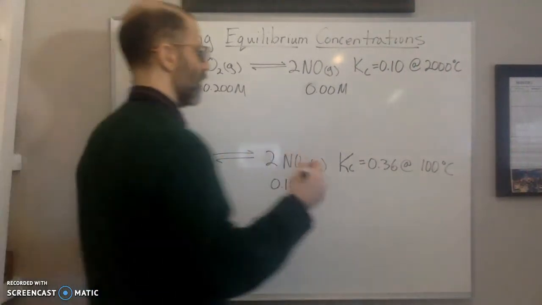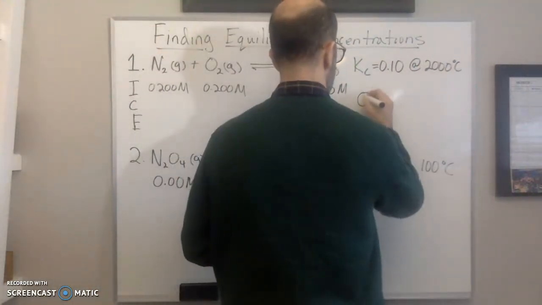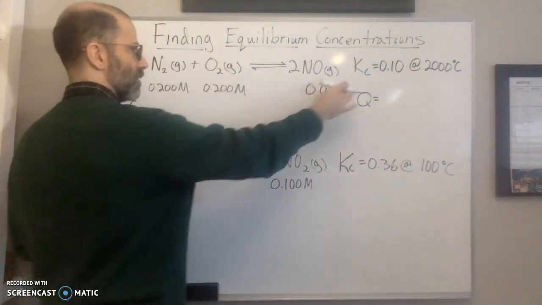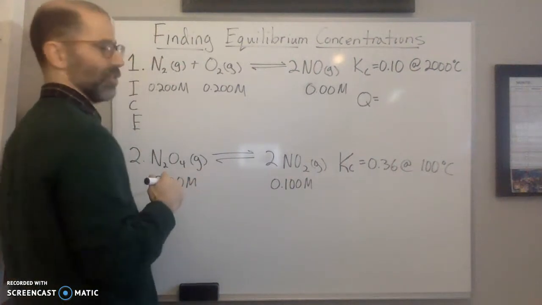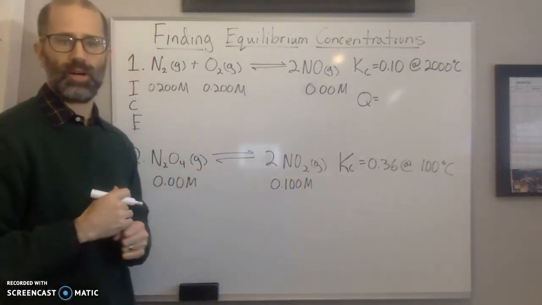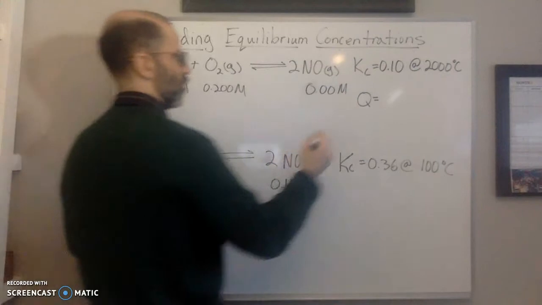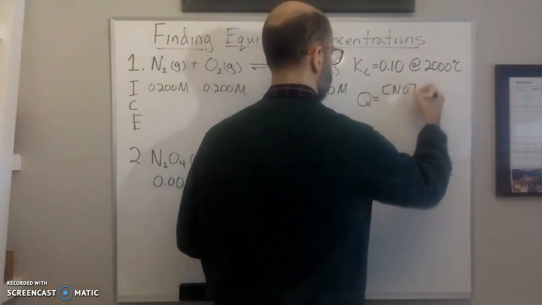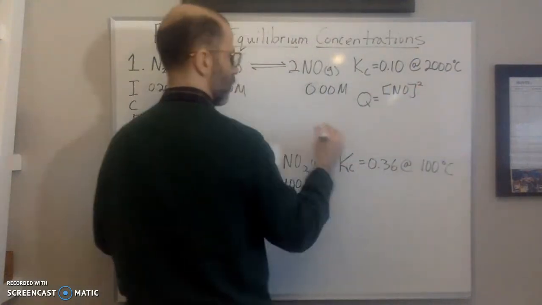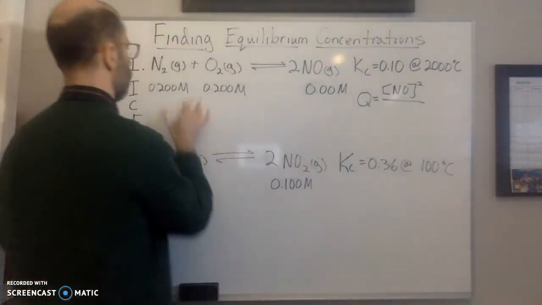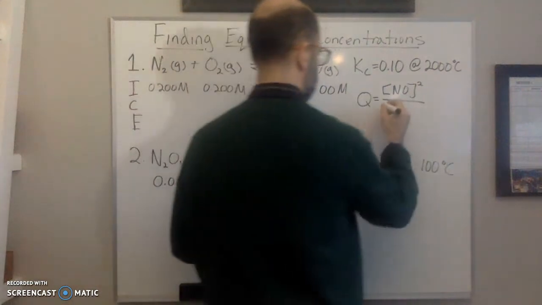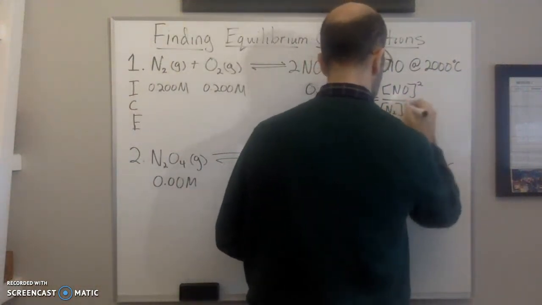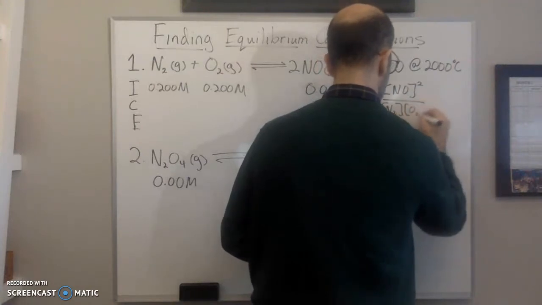So you set up your Q value. Q is defined just like your equilibrium constant. It's going to be the concentration of NO squared, over the concentration of N2 multiplied by the concentration of O2.